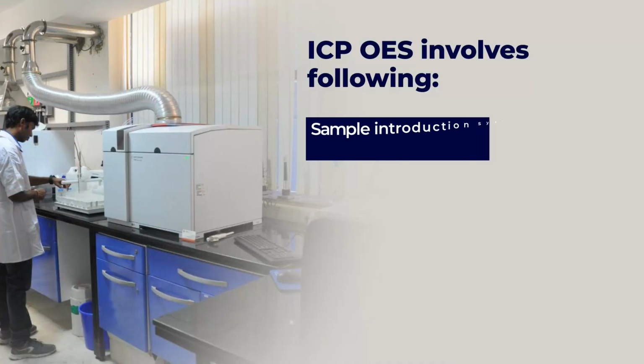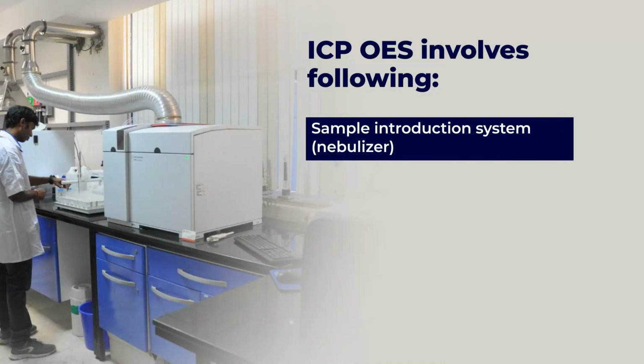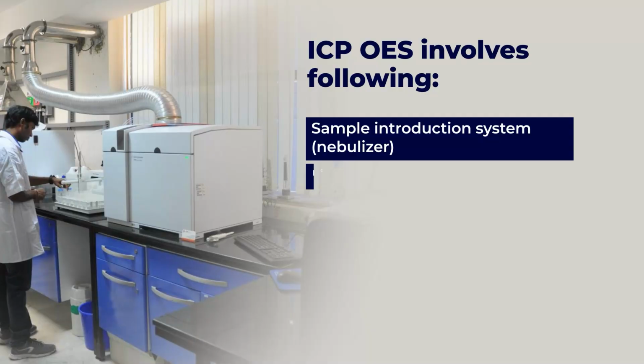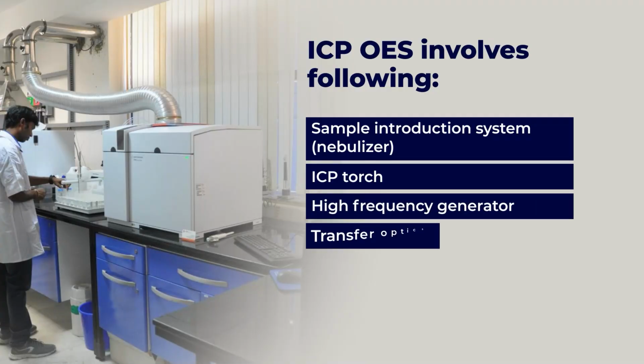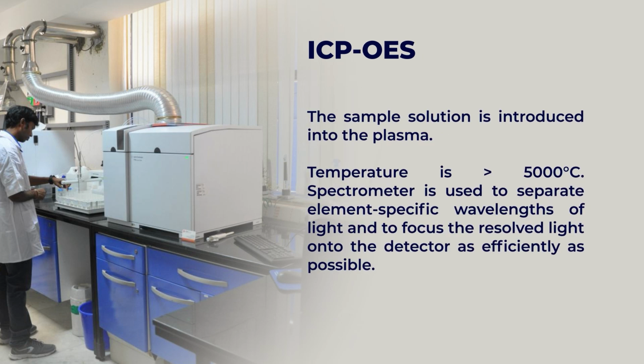The ICP OES involves a sample introduction system, the nebulizer. It has to be a very high pressure nebulizer, producing small droplets. Then the ICP torch, which is the plasma, a high frequency generator, transfer optics, a spectrometer and computer interface. Temperature is generally more than 5000 degrees.